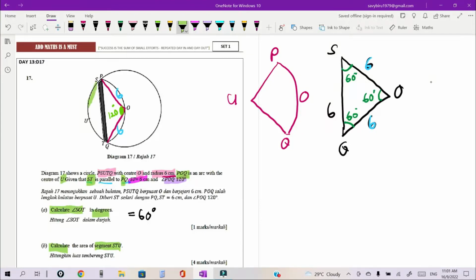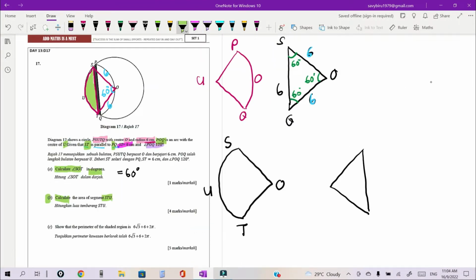Next, B, calculate the area of segment STU. Segment STU, meaning this one. STU is a segment of a sector SUTO. So you can take out this sector, where the angle here is 60 and the radius is 6 cm.